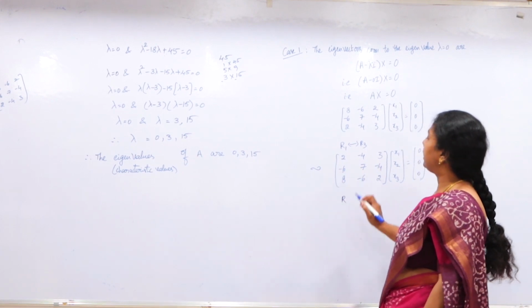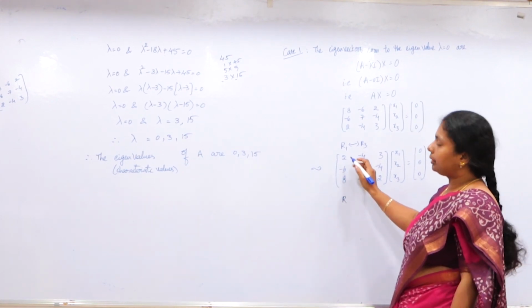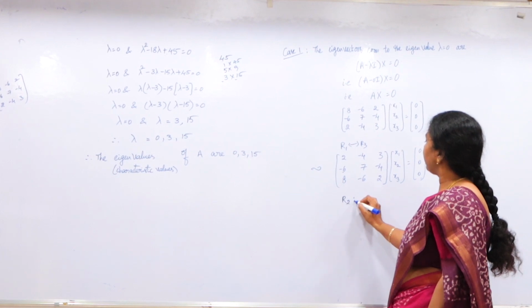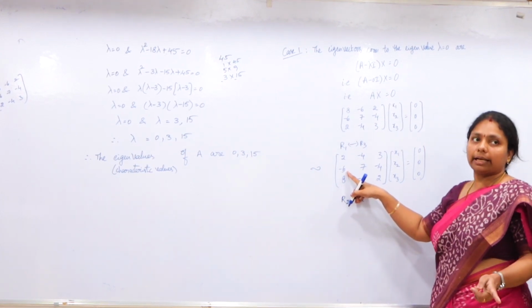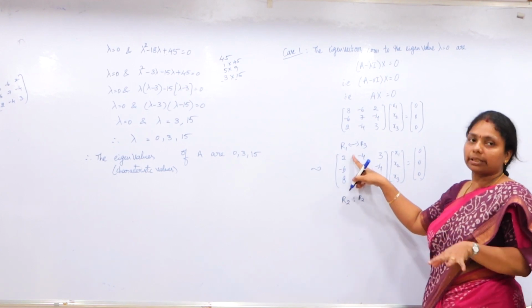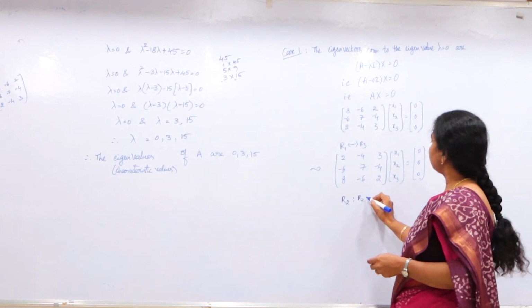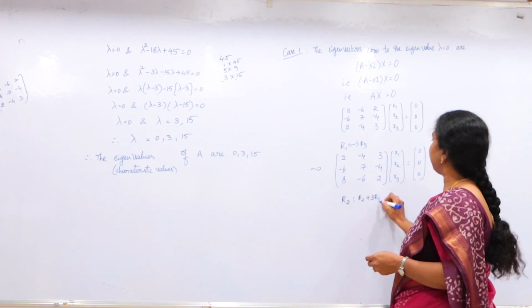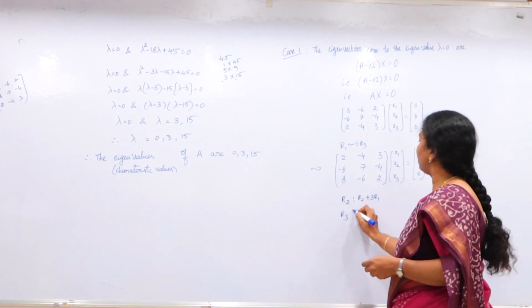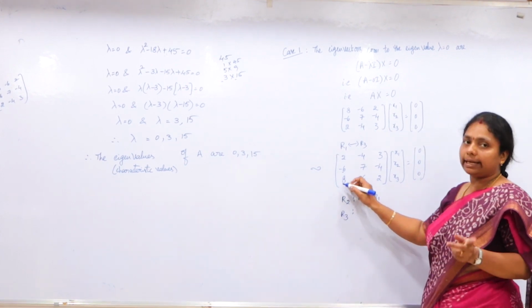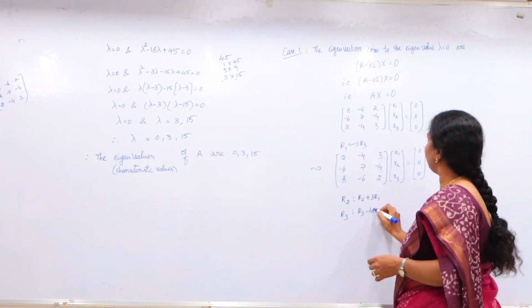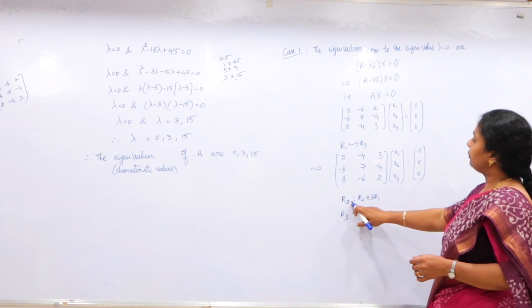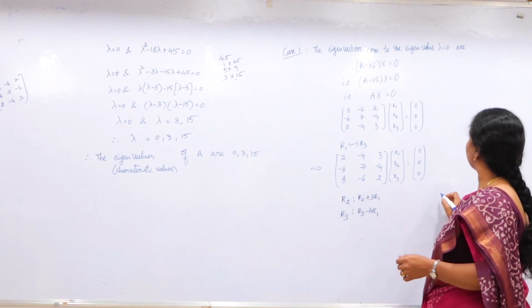To change this element to 0, use R1 only. R2 contains first element minus 6, R1 contains first element 2. So R2 plus 3R1. Next, for R3, R3 contains 8, R1 contains 2. So R3 minus 4R1.